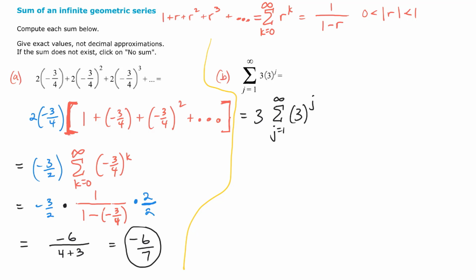So our starting index is j equals 1. It'll be nice to start that at 0. So why don't we do a shift. Why don't we do something like this?